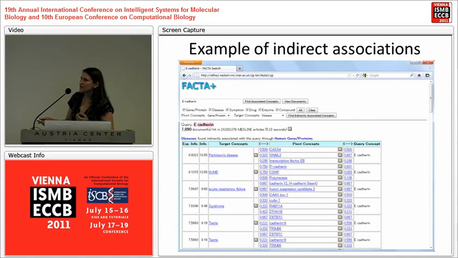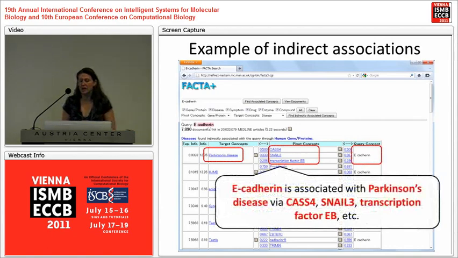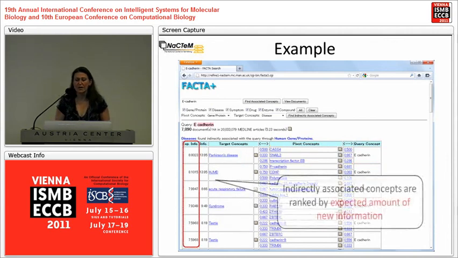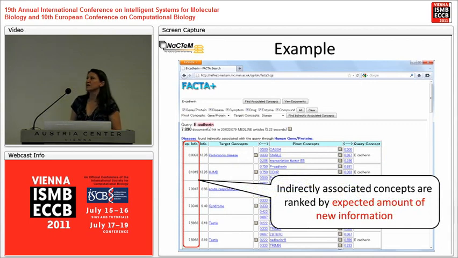But here is the interesting thing. Here the element is associated with different diseases via these specific genes. And in this case, the indirectly associated concepts are ranked by the expected amount of new information.